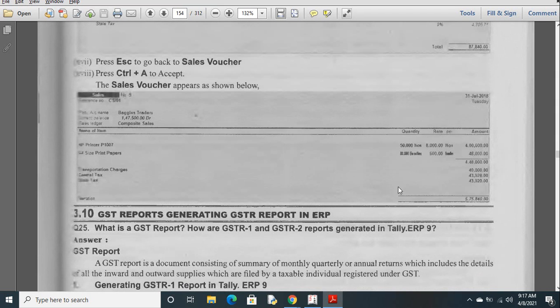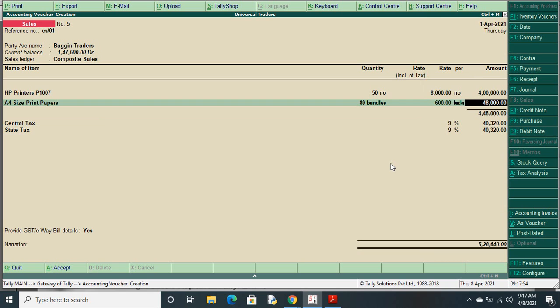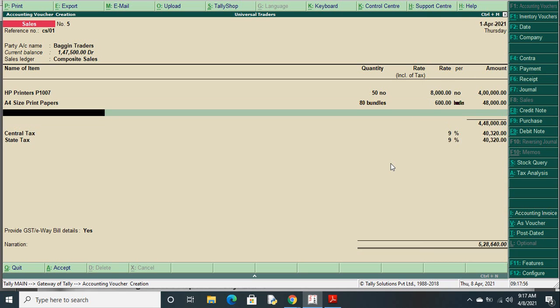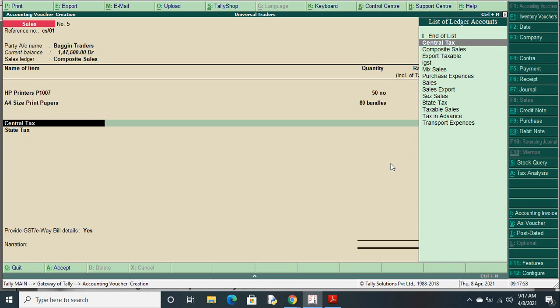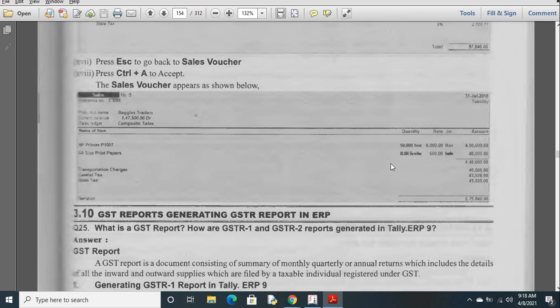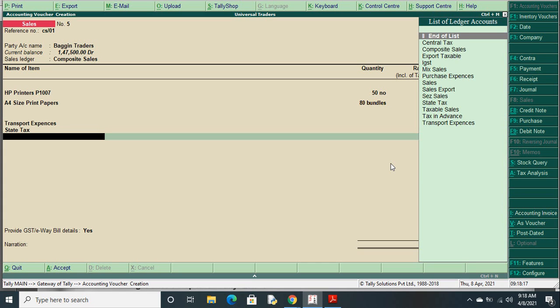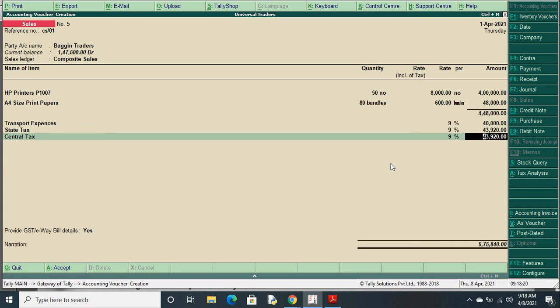Okay? We have one more. We have to go with transport expenses, 40,000. 40,000, state tax, central tax.